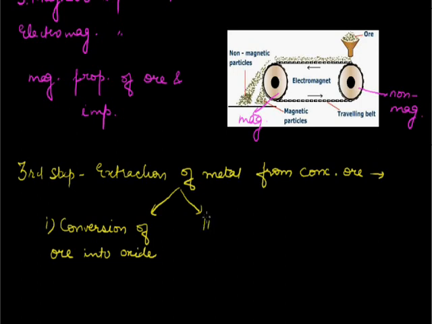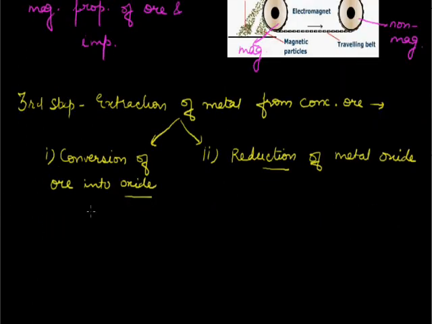And the second sub-step, what we do is the reduction of metal oxide. So first we are converting the ore into oxide, and then for the extraction of metal, what we are doing is we are reducing the metal oxide.